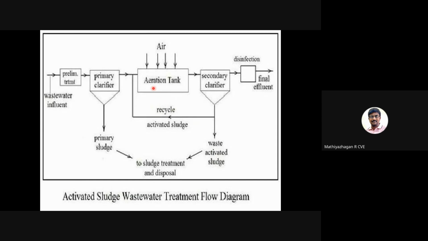Here the aeration, that is the activated sludge process, is a suspended growth process. Suspended growth means the bacteria are in suspension. We are not using any filter media to grow the bacteria.